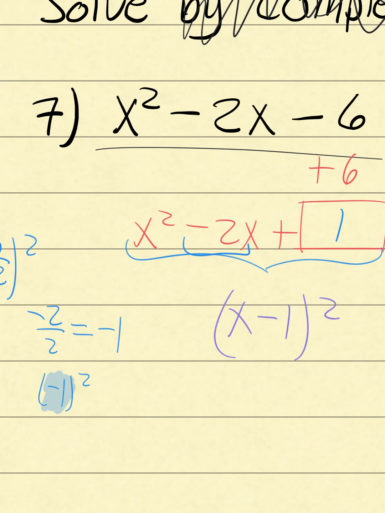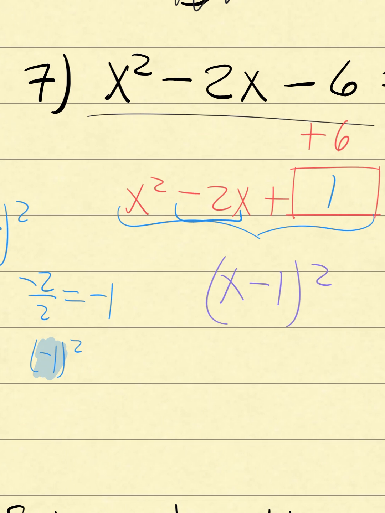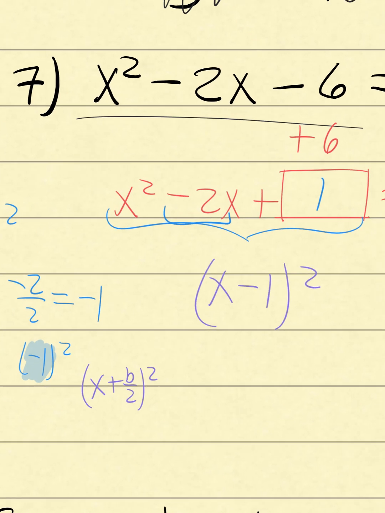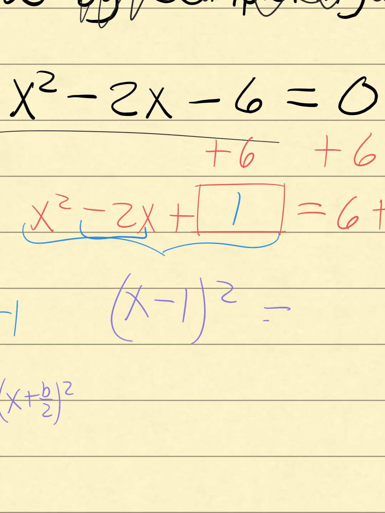It just comes from b over 2. So this entire expression, our third step was to do x plus b over 2 squared, right? And this is so that we can get it to be a perfect square. Right, and then on the other side, you just want to add 6 plus 1. It's going to get you 7.